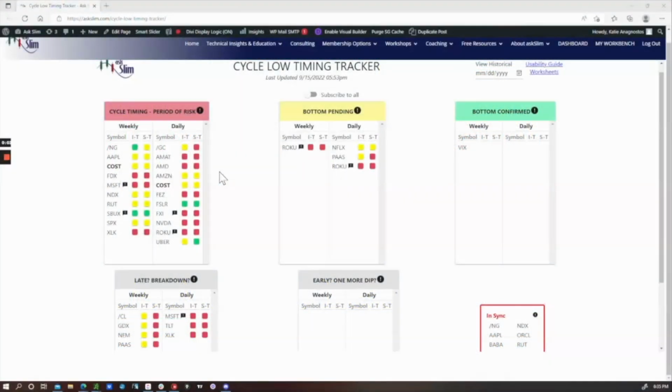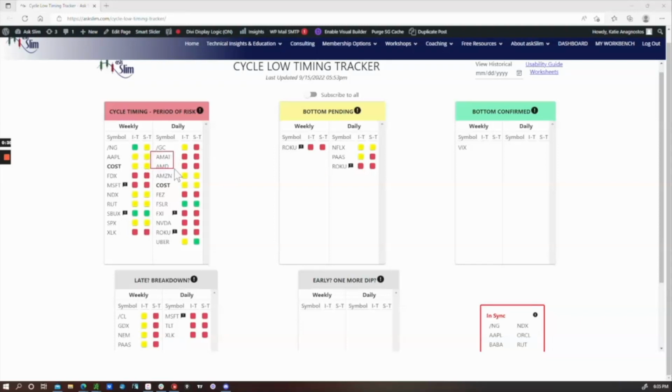On your screen is today's Cycle Low Timing Tracker. This is a tool that we've developed for our members that helps identify opportunities going into and coming out of cycle bottoms on both the intermediate and short-term time frames. Because of the principle of commonality in cycle analysis, it's not uncommon to see several symbols from a sector appearing on here together, and we're seeing that today with some of the semiconductor stocks from our focus list.